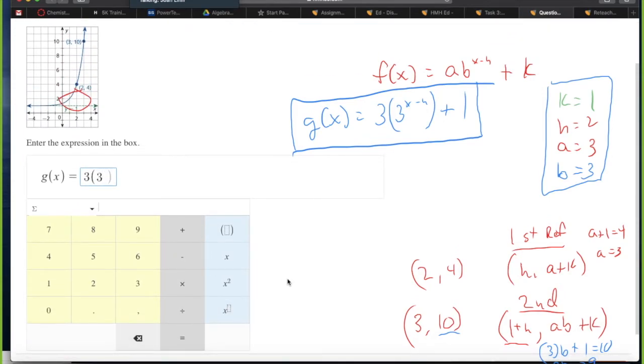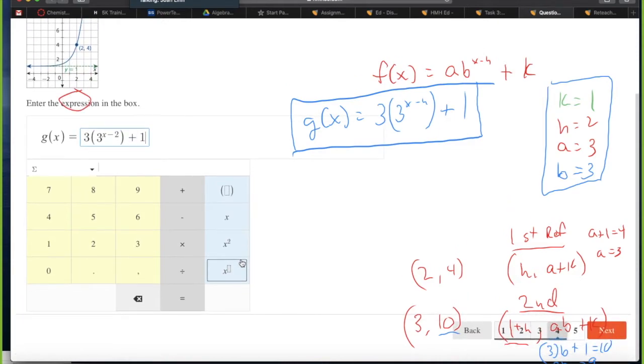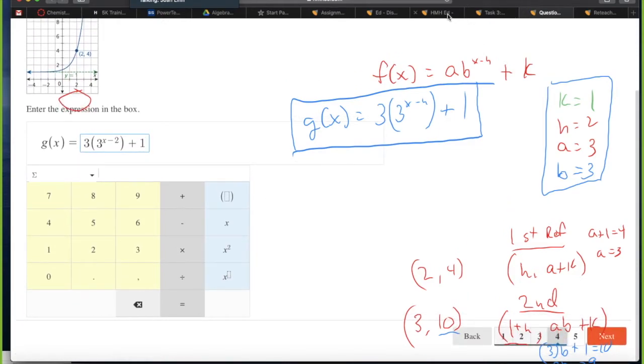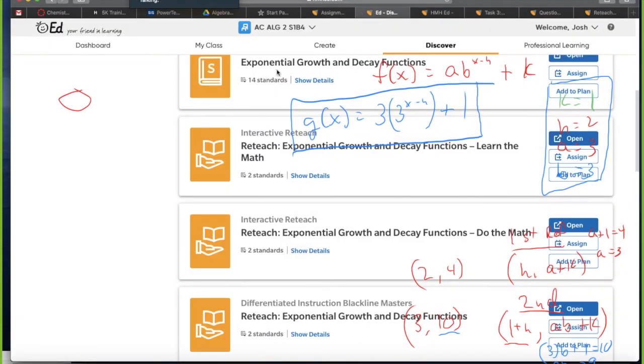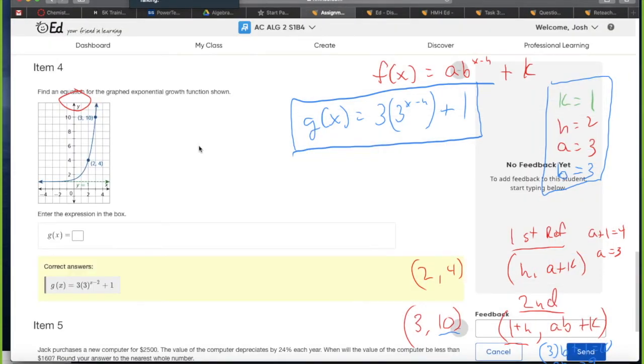To the power of x minus 2 plus 1. I forgot, this is not going to tell me if it's right or not. So let's check over here. There we are. Yeah, so here's our answer.